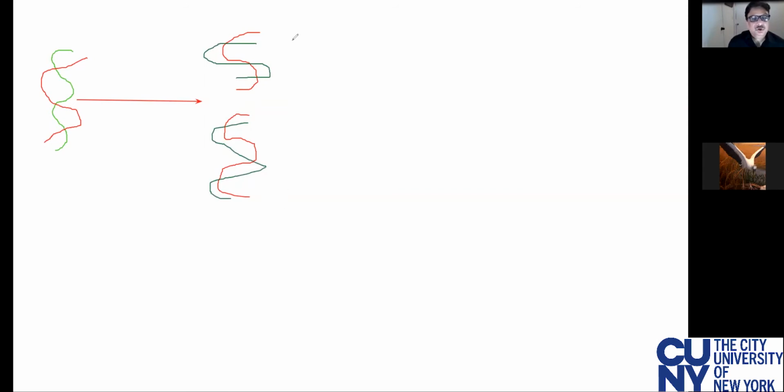Now this process of DNA duplication is called replication. This replication is carried out by an enzyme called DNA polymerase. So this is what the question refers to: what is DNA replication?